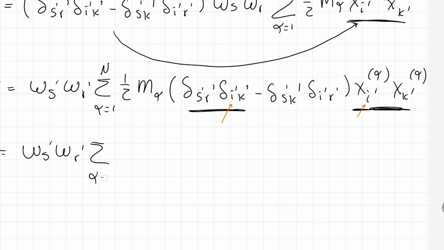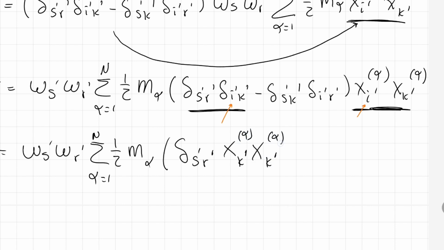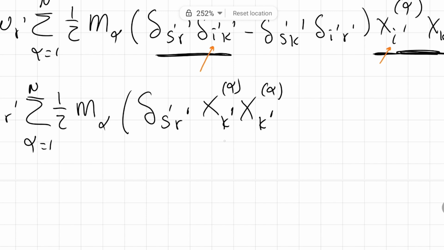The sum from alpha equals 1 up to n of 1/2 m sub alpha, the Kronecker delta is r times x_k alpha alpha. You can see that here we have the same components for x.